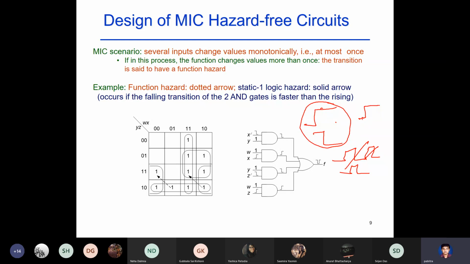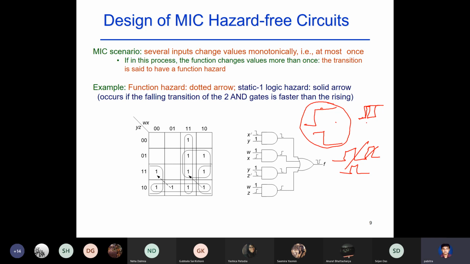It should have been monotonic, but it's not. It changes value once and then maybe again, so it changes value more than once, even though the input has changed value only once. We say this is a function hazard.